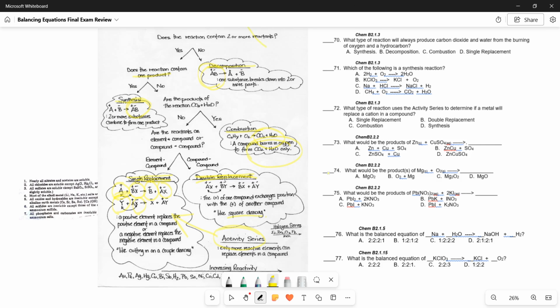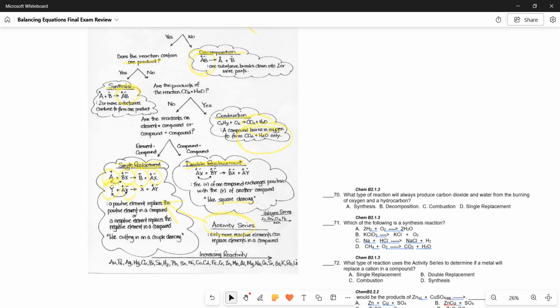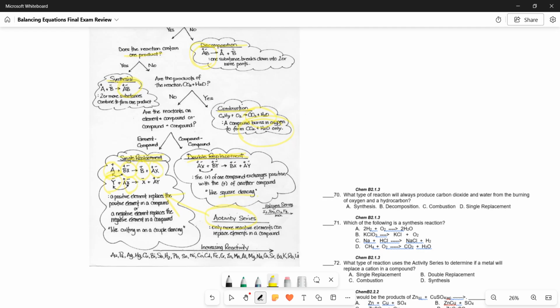The one that's in the problem that we're going to cover is copper and zinc. So if we look here, copper is right here and zinc is right here. Zinc is more reactive. Therefore, zinc will replace copper in a compound if it's in a single replacement reaction. And we'll refer back to that here in a minute.